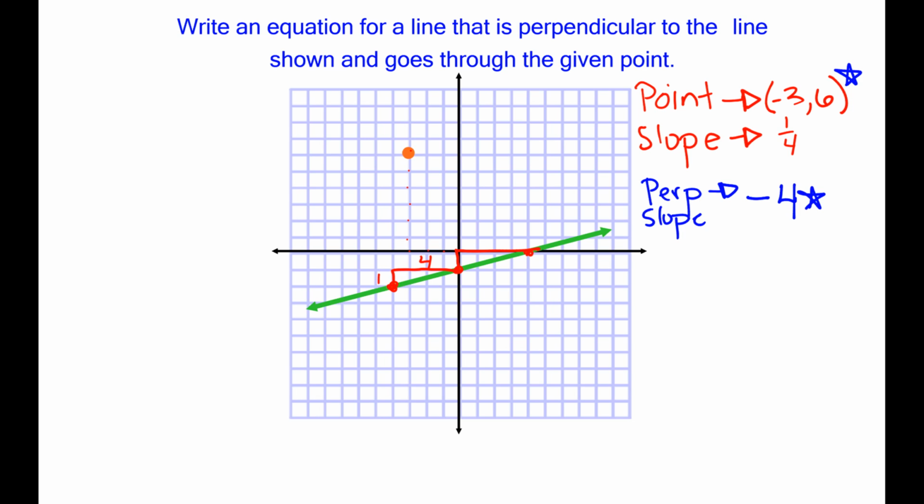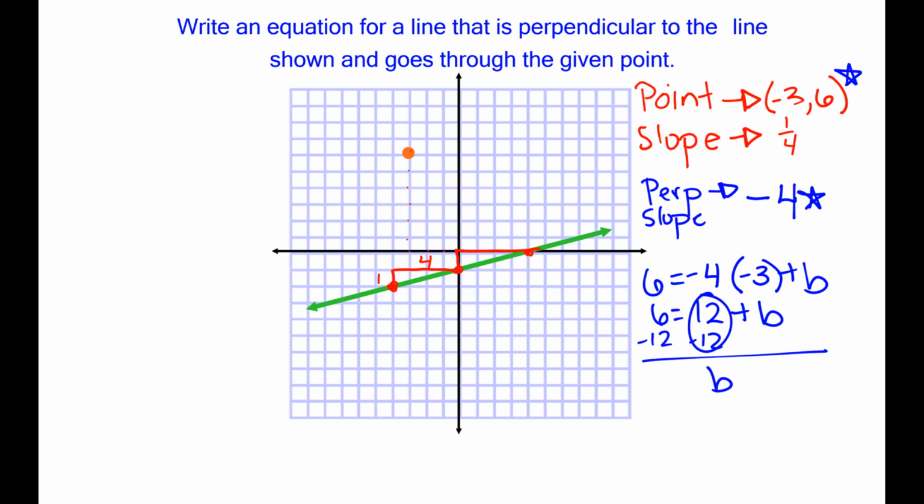I'd have 6 for my y, negative 4 for my slope, negative 3 for my x. Negative 4 times negative 3 is 12 plus b. Subtract 12 to zero that out, and 6 minus 12 is negative 6.